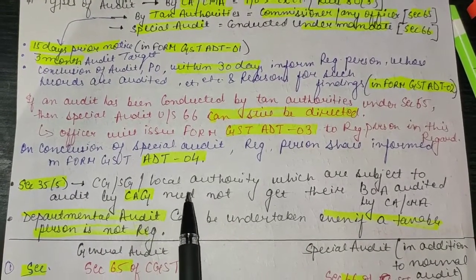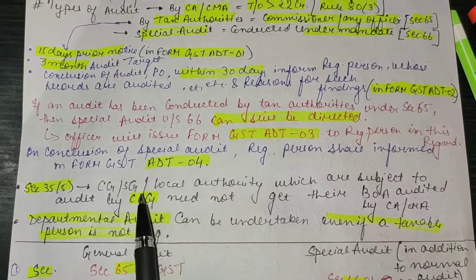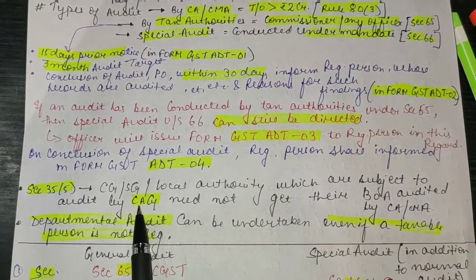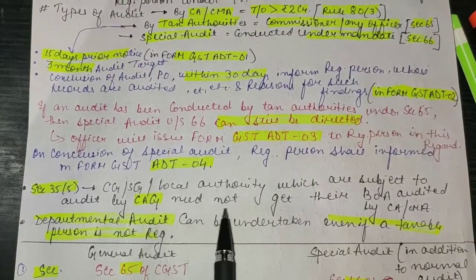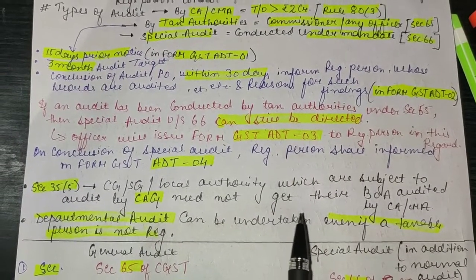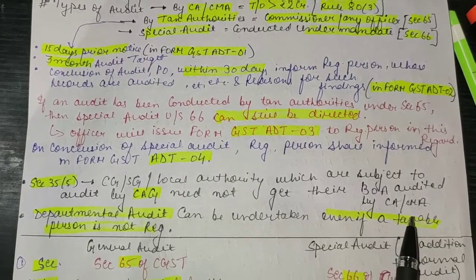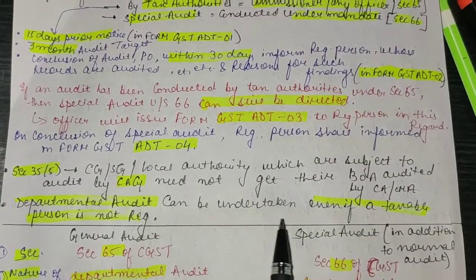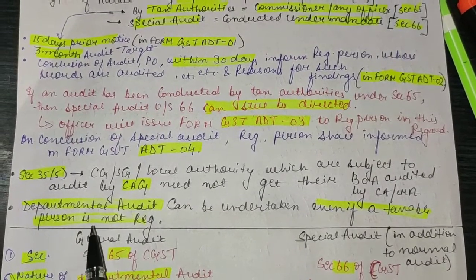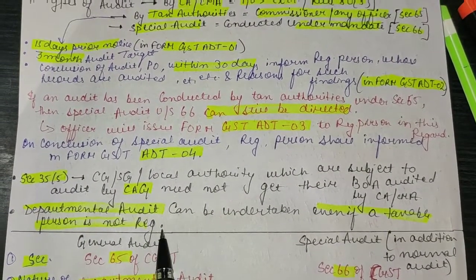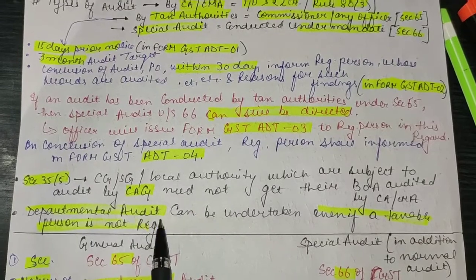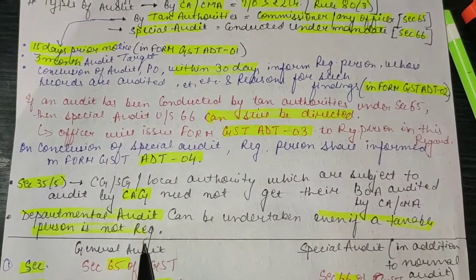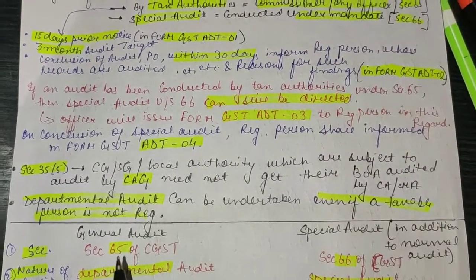Now departmental audit can be undertaken even if the taxable person is registered under GST or not. So departmental audit is mandatory irrespective of the registration of the particular person under GST.